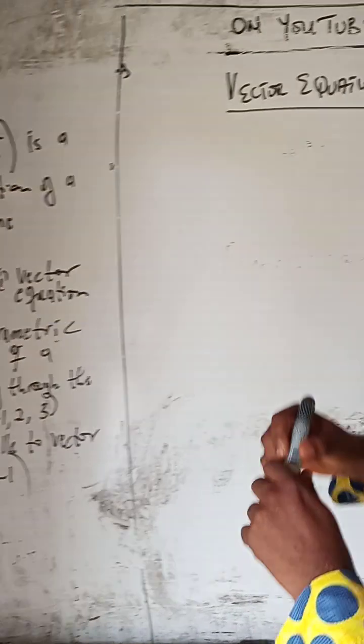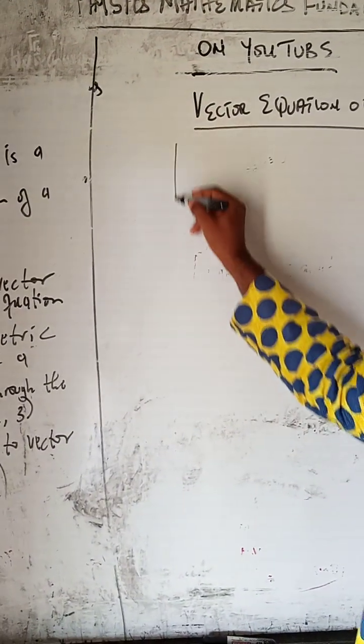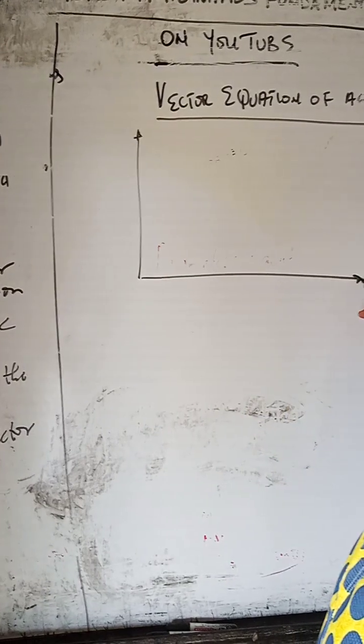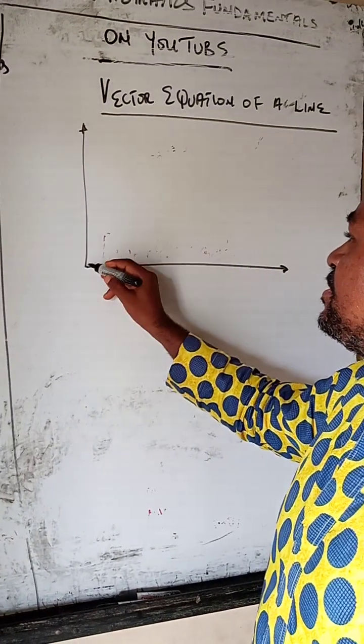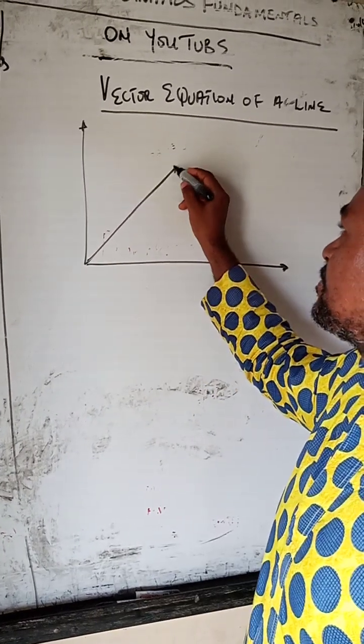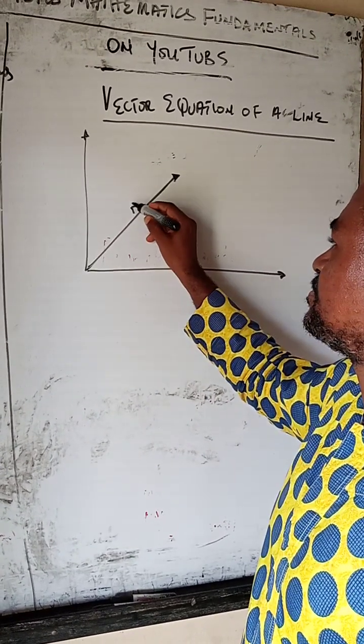Let's consider the Cartesian system, 2D system. Here, I have a point described by this vector.